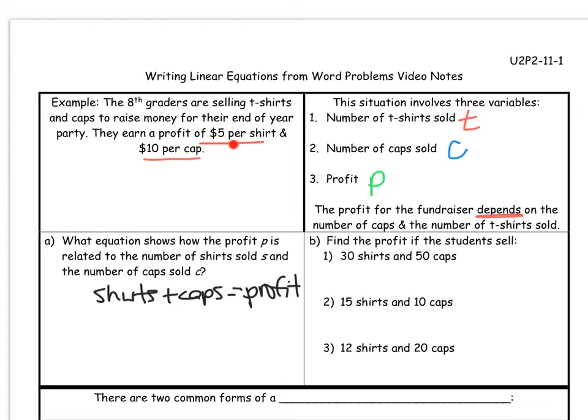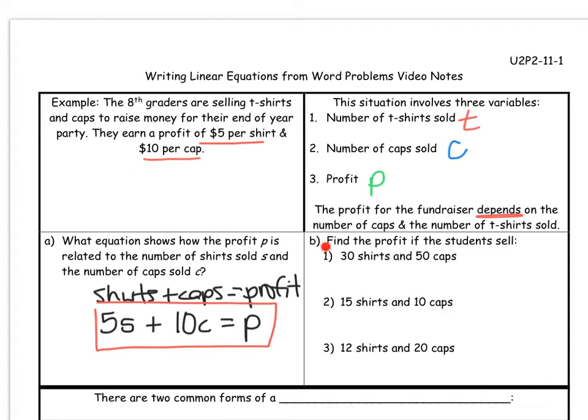So we know from up here that there's $5 profit per shirt and $10 profit per cap. So the equation we can use is $5 for every shirt plus $10 profit on every cap is going to give us P, which is our total profit. So this is the equation we're going to use to answer part B.